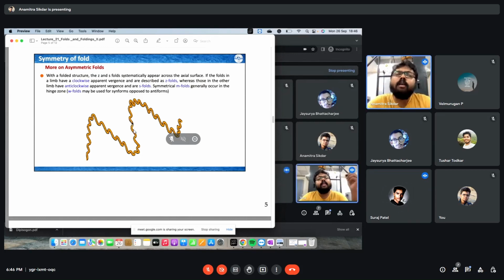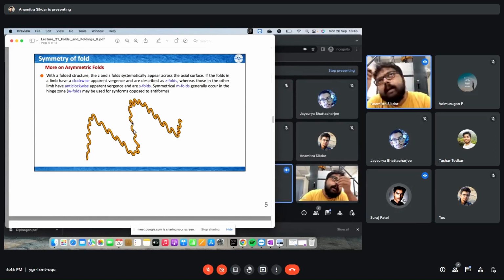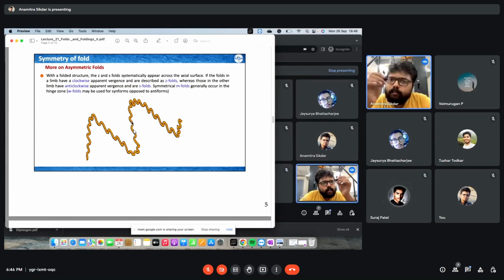Actually, if you follow the same convention, and consider the long, short, and then long limb, then on one side it will be Z and on the other side S. It's more like what happens with, suppose you have a porphyroclast in this part of the fold and you have a porphyroclast in this part of the fold, so the rotation will be different. Just to match that rotation with the limb, that's why they did it, right?